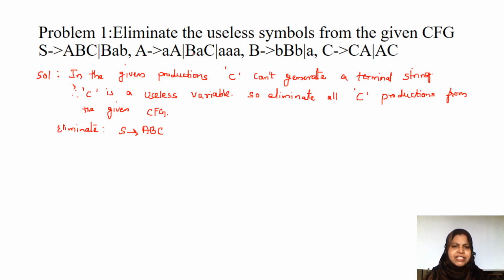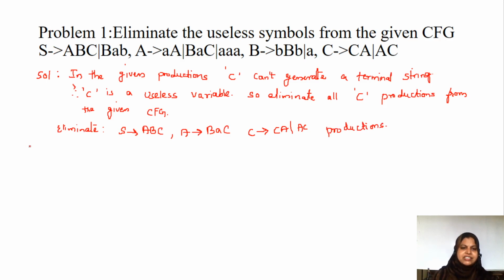A tends to AA is fine. A tends to BAC has C again, so we have to eliminate this production. B tends to BB and A are fine. C tends to CA and CAC, we have to remove the complete C productions.